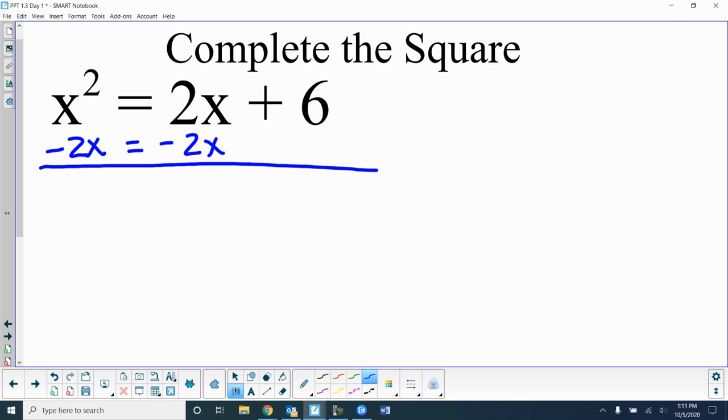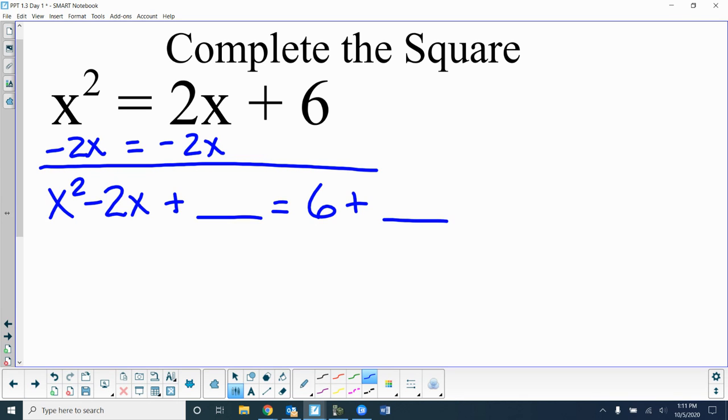Since those aren't like terms, you just write x squared minus 2x. We're also going to add a blank to both sides. It's always adding the blank. Now, there's two things. The first thing you got to make sure of, this is important.